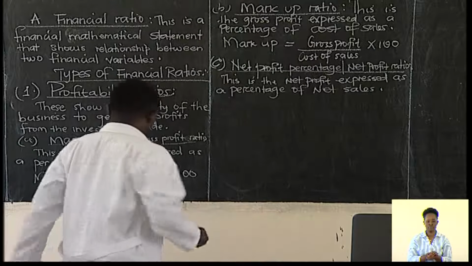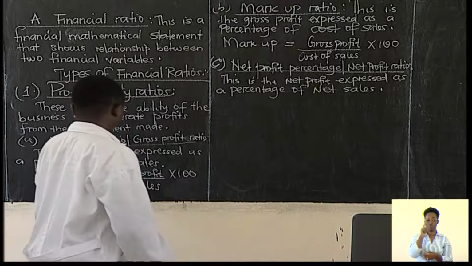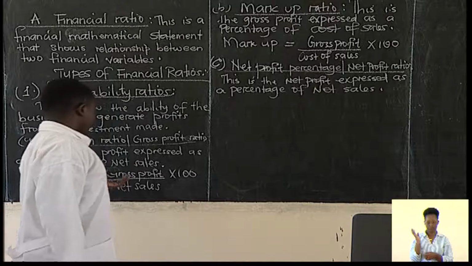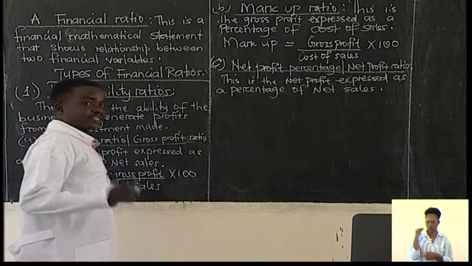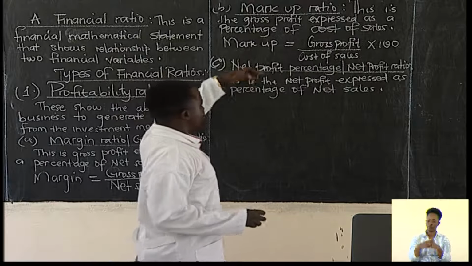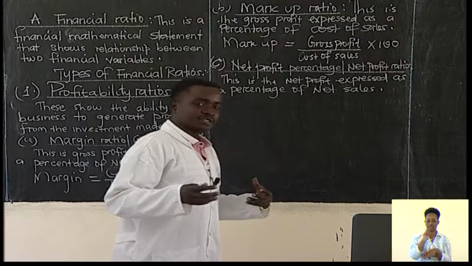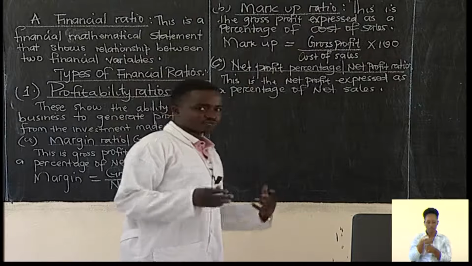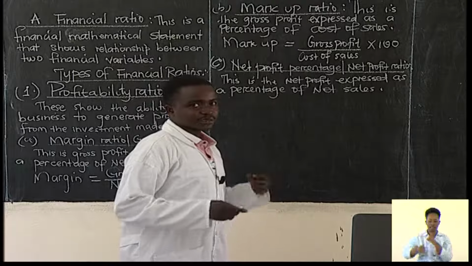Therefore, you have to check here. Here we are considering gross profit. We have not taken away operating expenses. So when it comes to net profit, that is the actual profit realized by the business at the end of a given trading financial year.